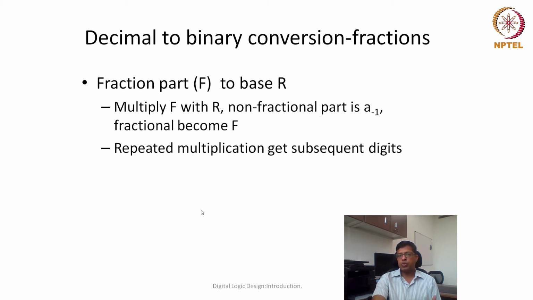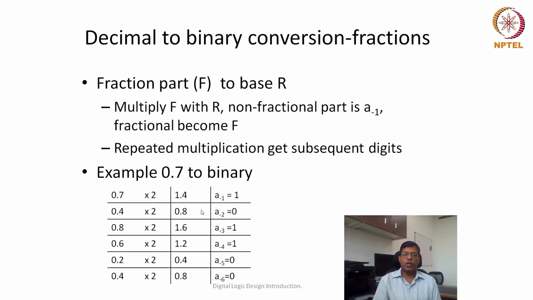And here, because we would like to convert a decimal number into a binary number, our base would be 2. So let's say we want to convert 0.7, which is represented as a decimal number, to a binary number. First, as given in this formula, 0.7 would be multiplied by 2, and we'll get 1.4. Now what is the integer part?